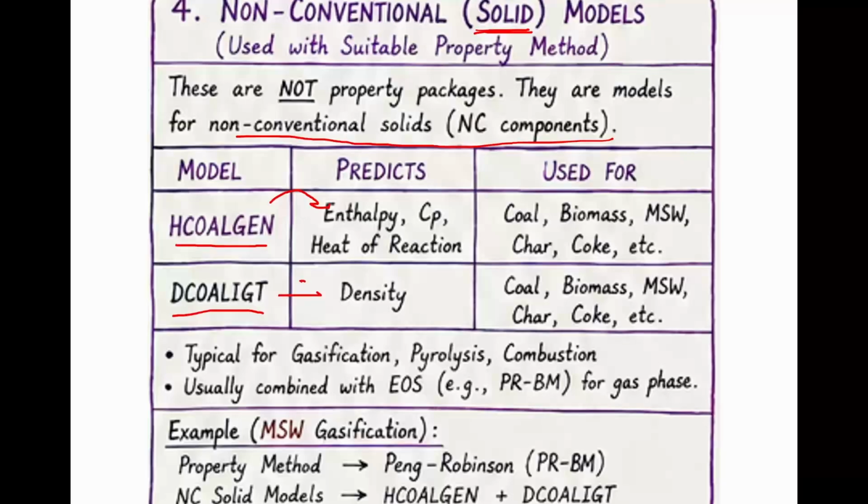DCOALIGT predicts density and is used for char, coal, biomass, MSW, coke. Used for gasification, pyrolysis and combustion problems and usually combined with an equation of state, which includes PRBM for the gas phase.